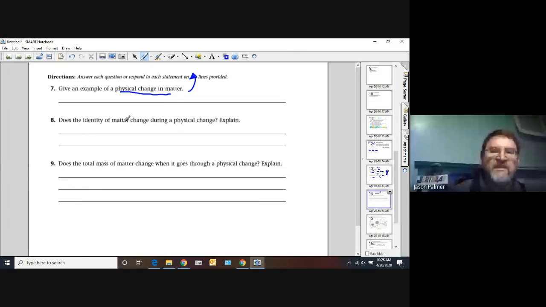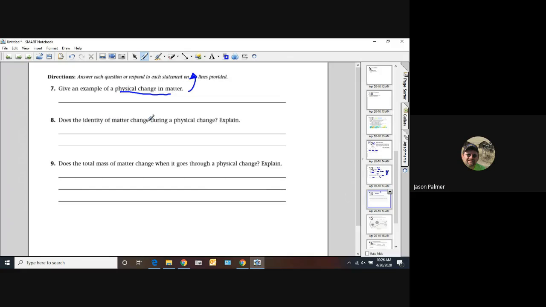All those examples above, any of those are good, or anything else. And again, I always use water. It's still water. As long as you're not doing anything chemically with water, you can freeze it, you can melt it, you can boil it. It's still just water.